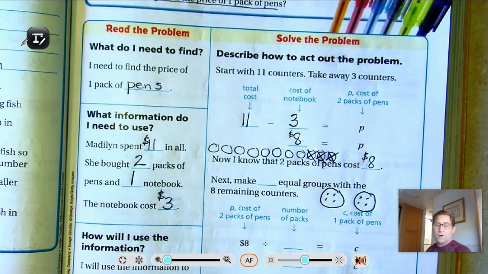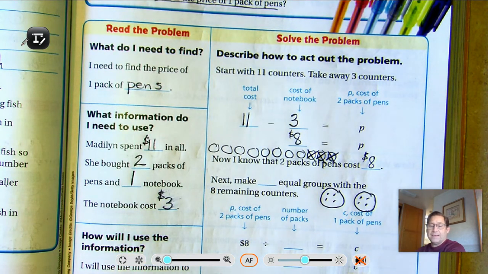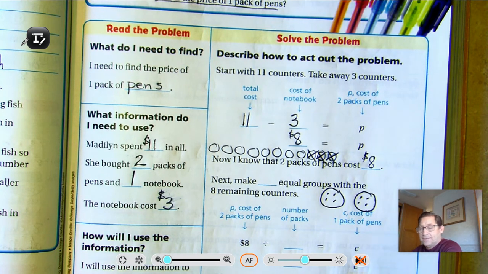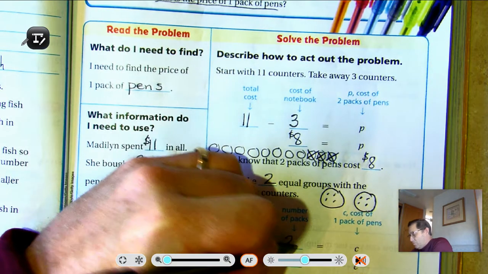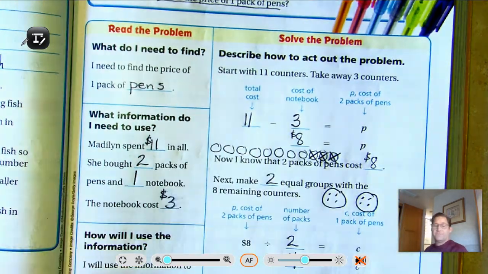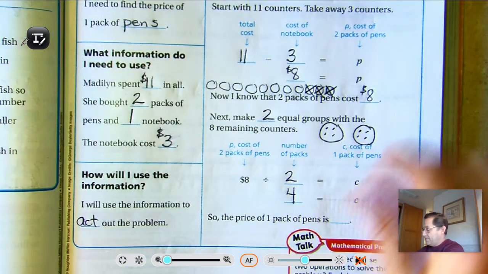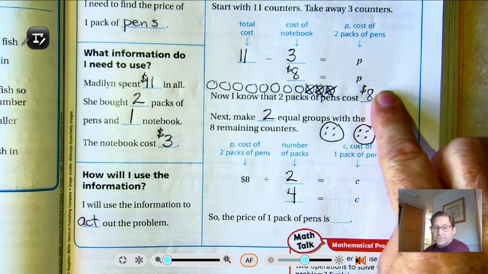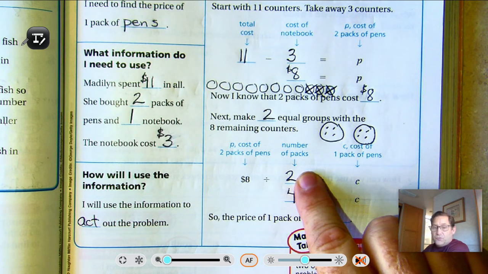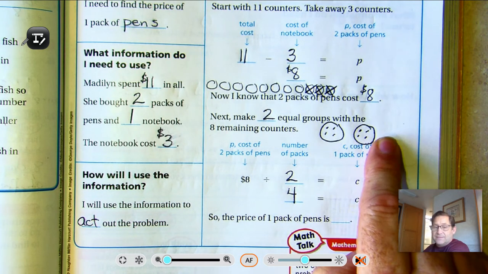Okay, so I shared 1 in each group and kept doing that until I used all 8. So it looks like we have 4. So we made 2 equal groups. The cost of the pens was $8. We got that from right here. We're dividing by 2 because there's 2 packs of pens. There's the same amount of pens in each pack.